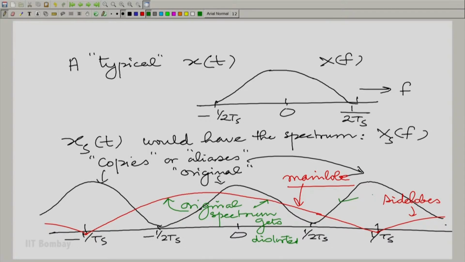This is the first alias on the positive frequency side and the first alias here on the negative frequency side. The main lobe sits on the original and the first two aliases. So, the original gets distorted and so do the aliases. So, in the process of sampling and holding, what is happening? One thing is that the aliases are passing through partially, you are not quite able to stop those aliases. Secondly, the original is getting distorted, that is the pity.